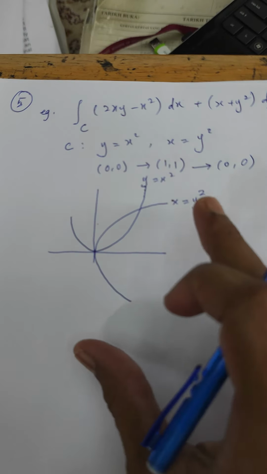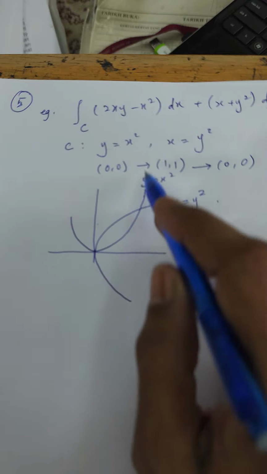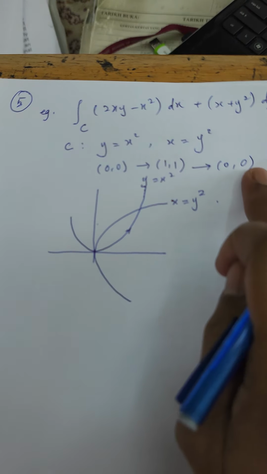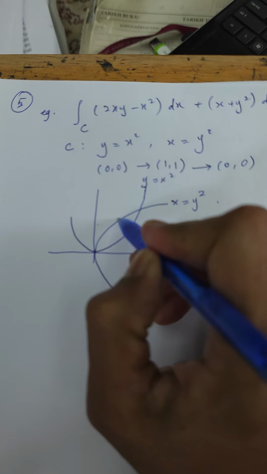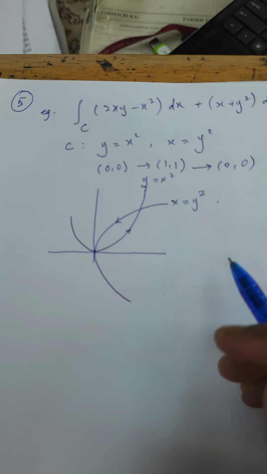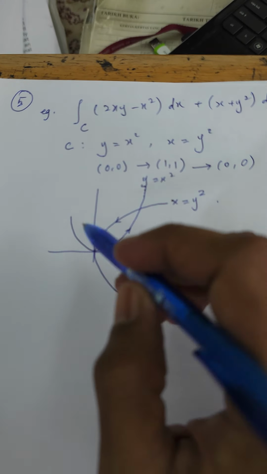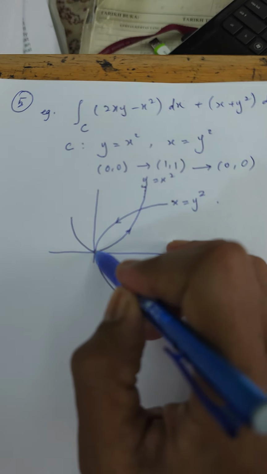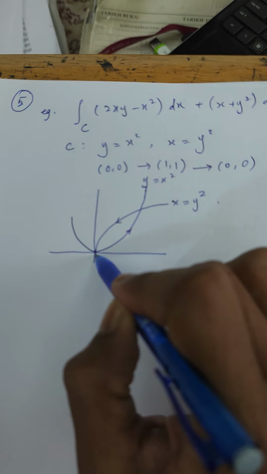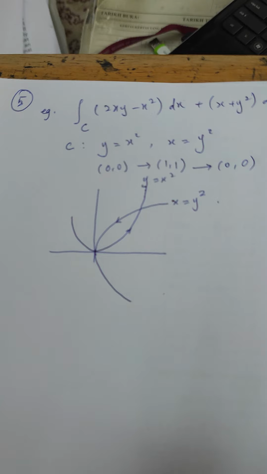So our curve goes from 0, 0 to 1, 1, and from 1, 1 back to 0, 0. So we consider this as a closed curve. A closed curve means it begins from one point and ends at the same point.